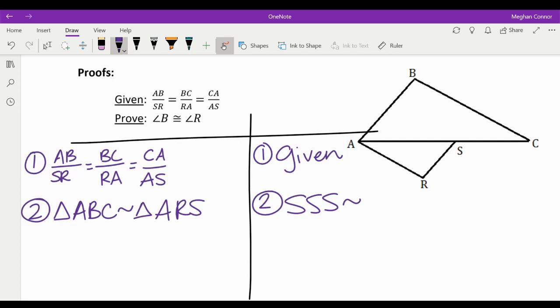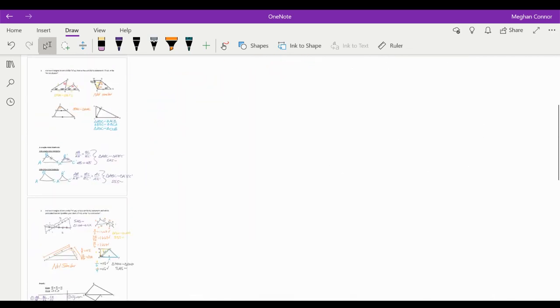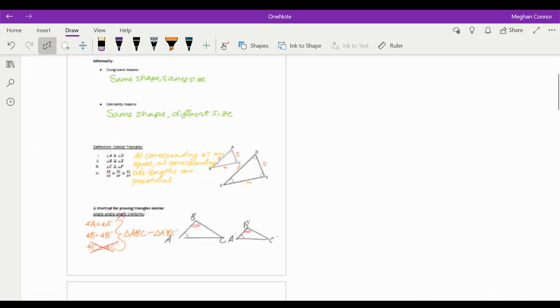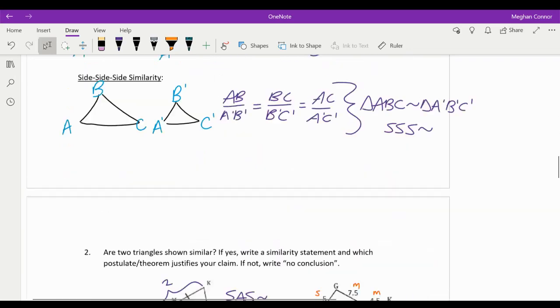We want to then say that angle B is equal to angle R. Well, we know that by the definition of what it means to be similar, going back way up to the very beginning, all corresponding angles are equal.